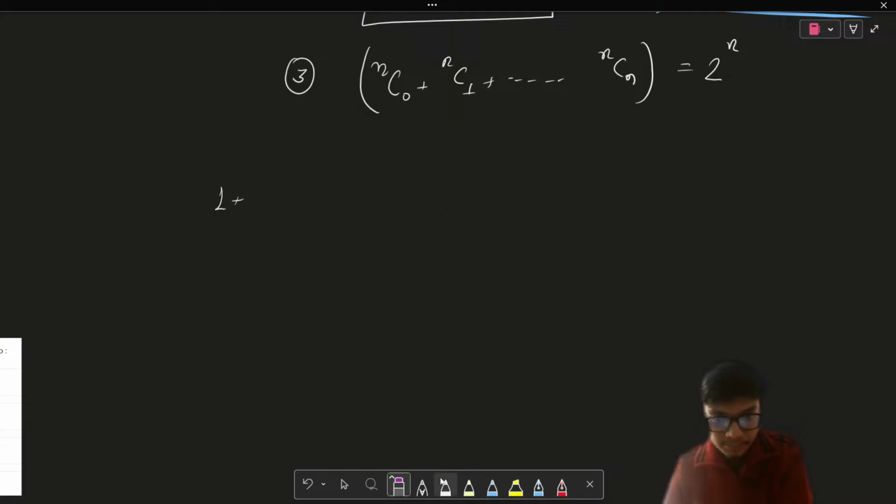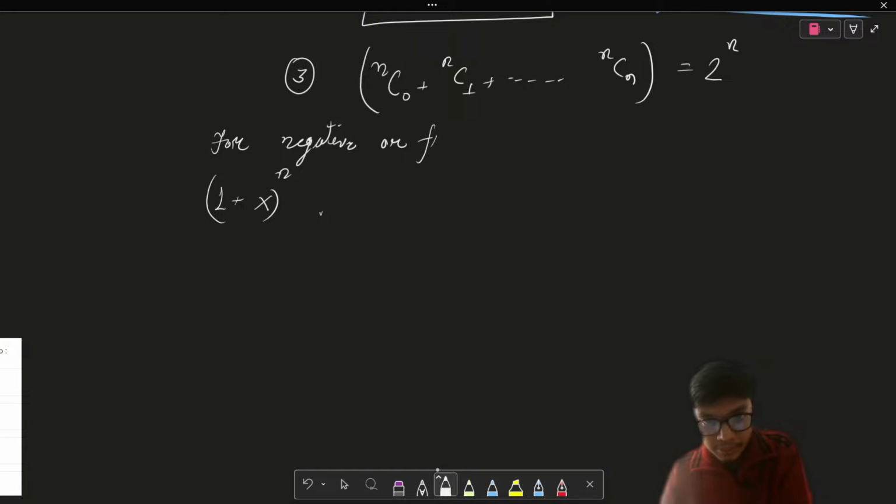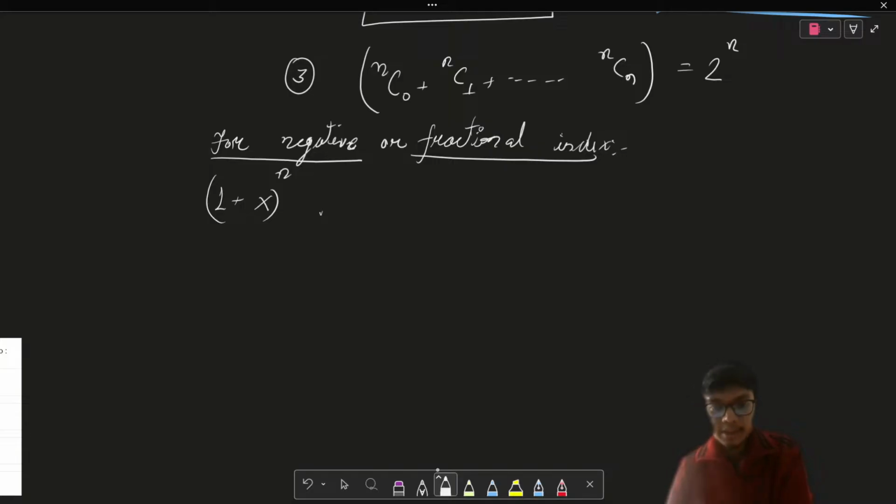Whenever I do this kind of binomial expansion for a negative or a fractional index, I also need the absolute value of x to be less than 1, right?